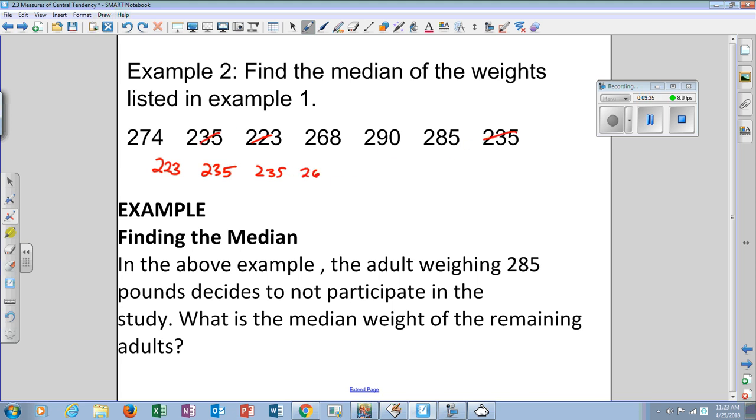Then 268, 274, 285, and 290. Then you can just cross off, alternating from either side, until you find the middle data point. Now it's pretty easy when there's only 7. You can kind of see it right away. So 268 would be your median.